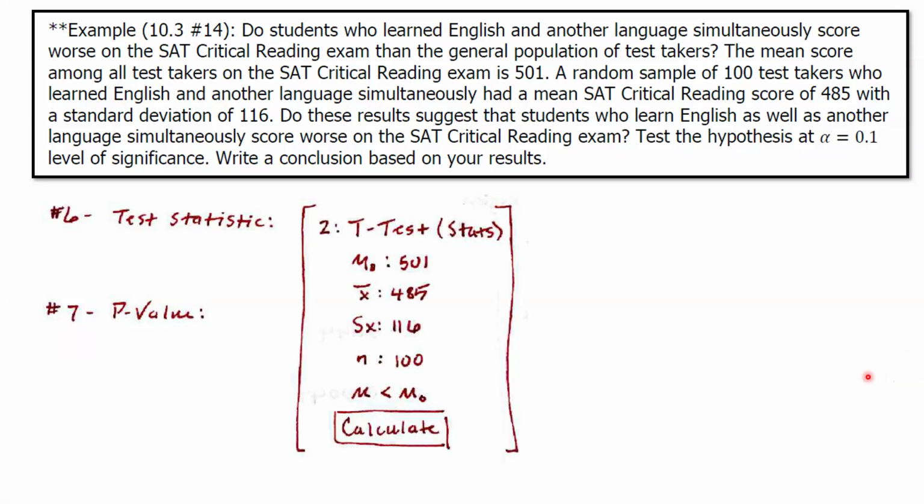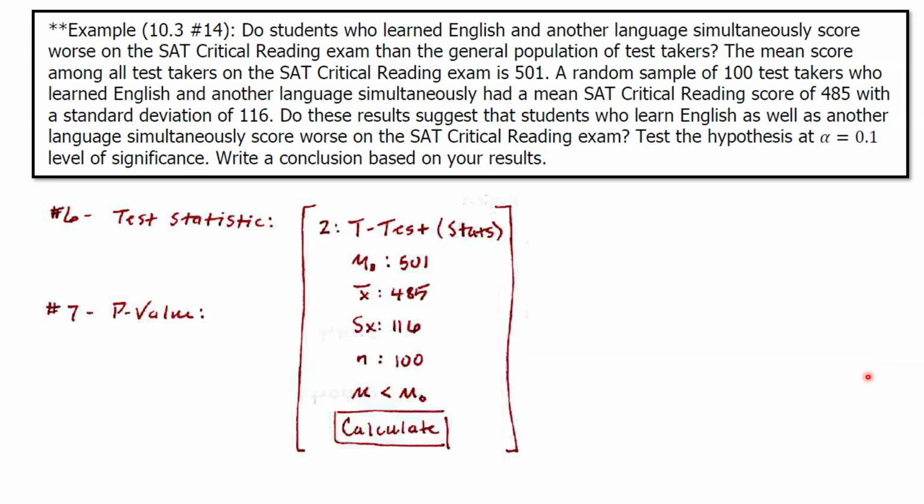Okay, so we are going to go to t-test and we are going to select stats because our problem gave us the stats. If they gave us a table full of data, then we would need to enter that into our calculator and then we would select data. But because we have stats, we're just going to use the stats that were given to us. So we know mu naught is going to be 501.